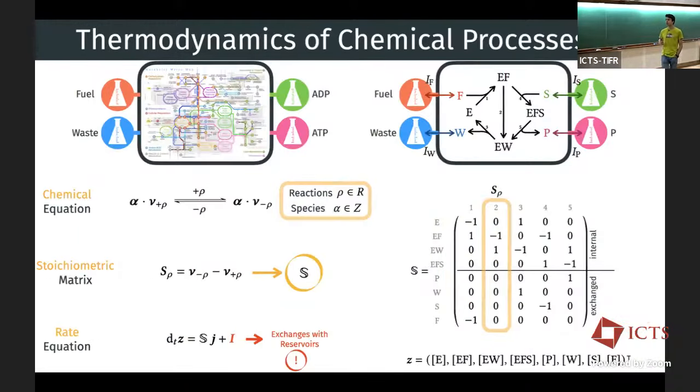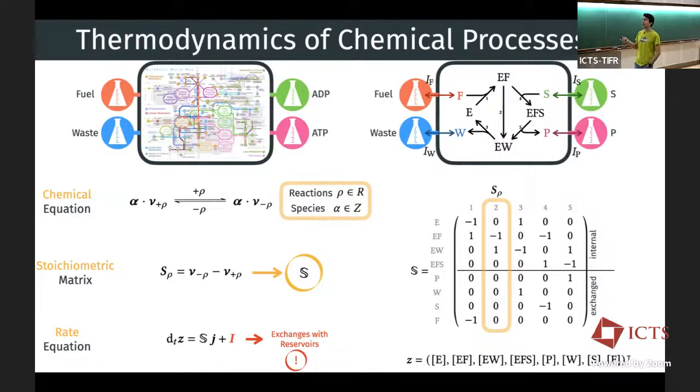So let me just try to sum up what Massimiliano introduced in the previous classes, just to be sure that we remember the basic stuff that I need to use for the next step. So the idea is that we have a rate equation describing how the concentration Z of the chemical species change in time. And we have a first term, Sj, which accounts for the effect of the chemical reactions. And our systems are in general open, so we have I, a term accounting for the exchanges between the system and the environment.